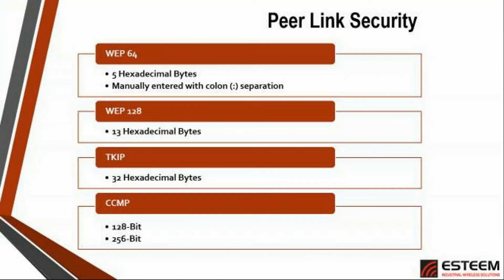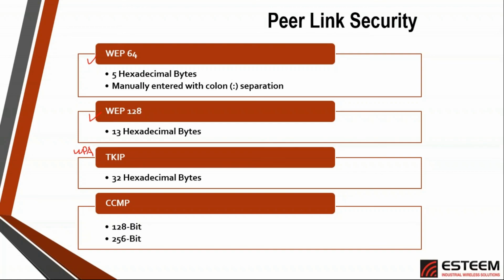The way that the radios communicate to each other on the peer link uses many of the same mechanisms, but we don't want to call it the same thing because it is proprietary. For example, WEP 64 and 128, we didn't change the name. TKIP, which is Temporal Key Integrity Protocol, is the mechanism used for WPA.